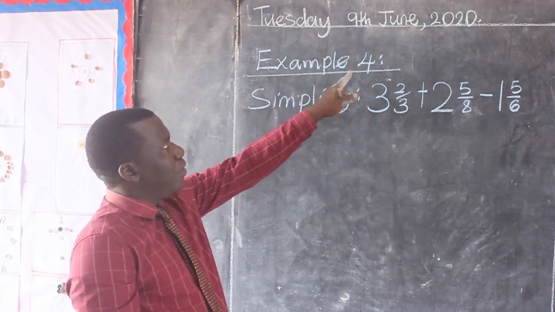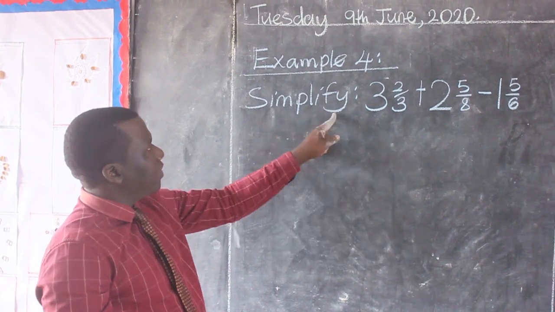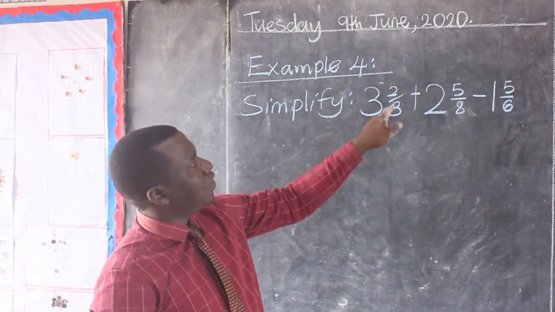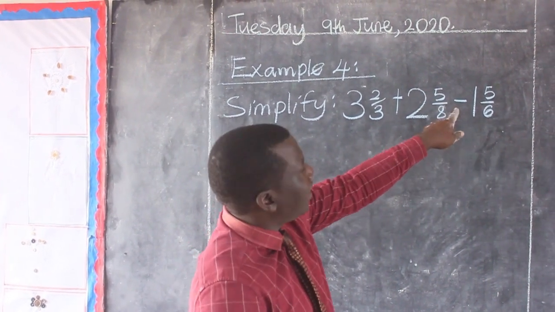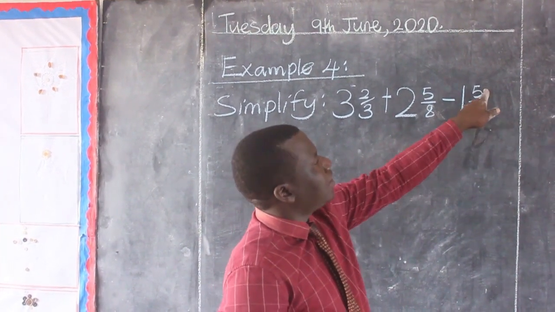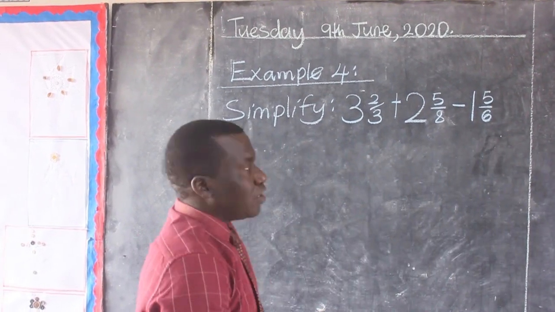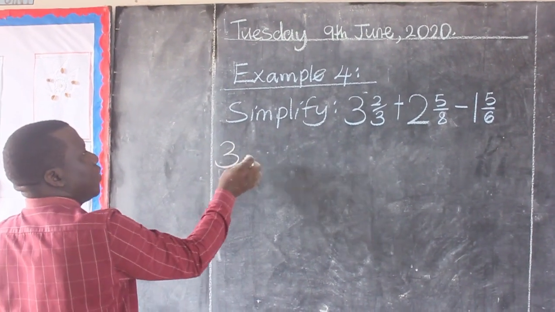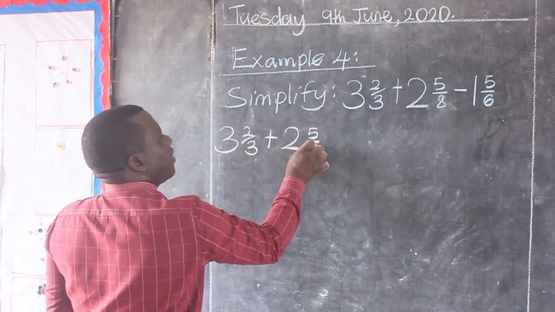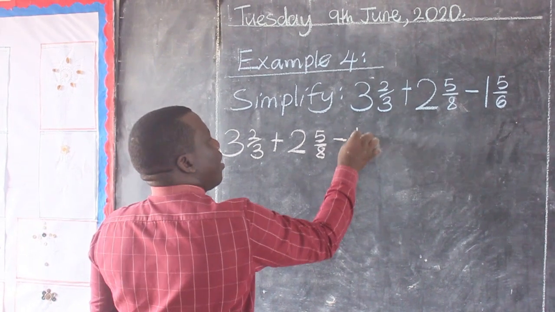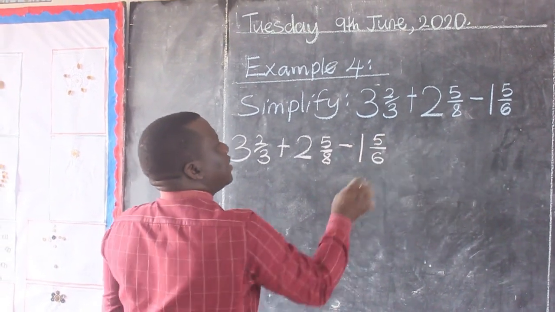In our example 4, it says simplify 3 whole numbers 2/3 plus 2 whole numbers 5/8 minus 1 whole number 5/6. So we shall rewrite our numbers.